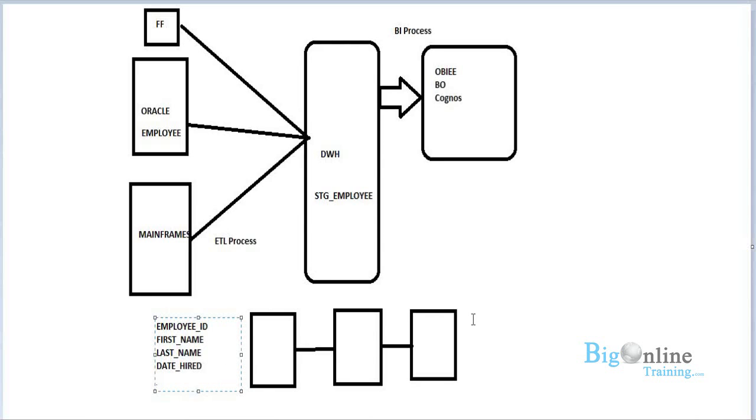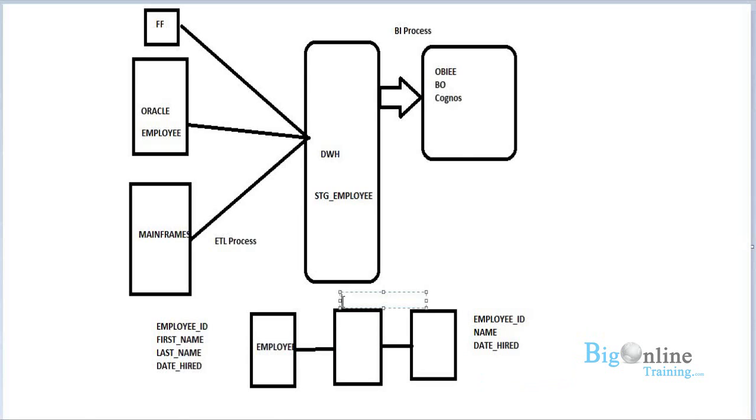In my target table, I have only the employee ID, name, and the date hired column. Now you are reading the data from the employee table, and your requirement is to concatenate the first name and last name, combine them as a full name, and load it.